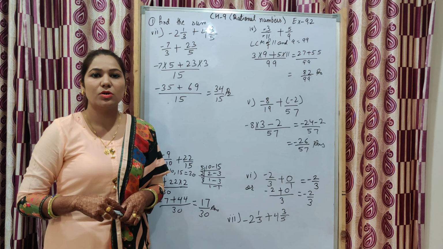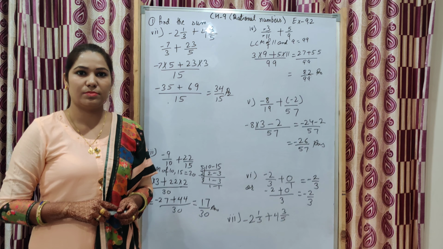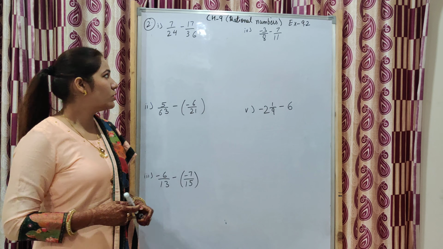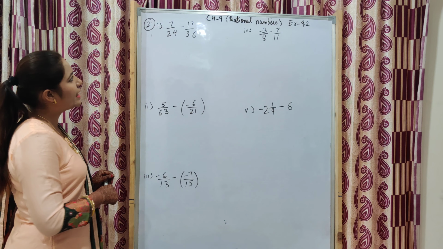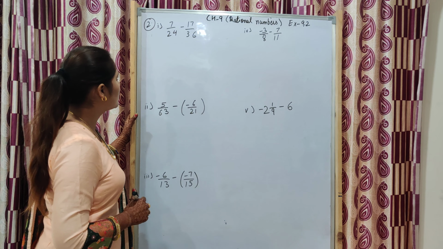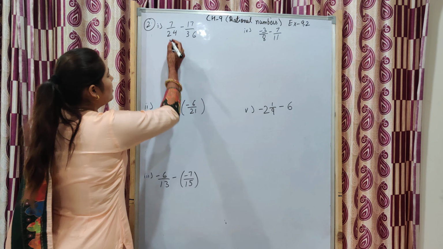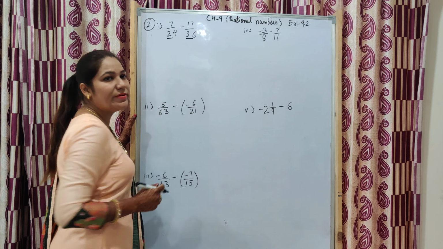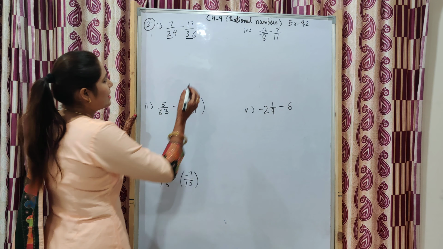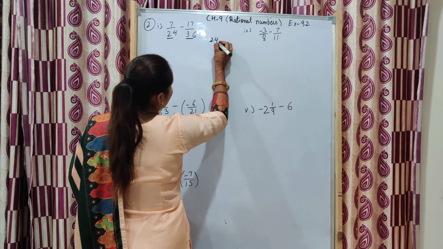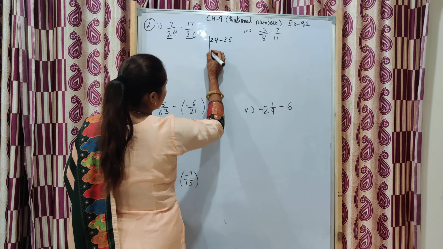Now we will do question number 2. We have to find the first part: 7 upon 24 minus 17 upon 36. Again, the denominators are not the same, so we will take the LCM of 24 and 36.